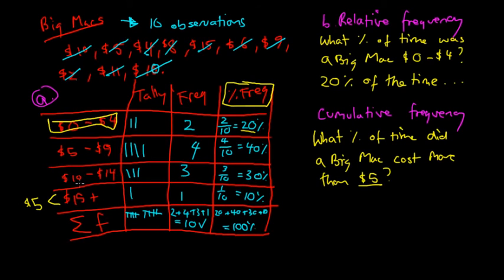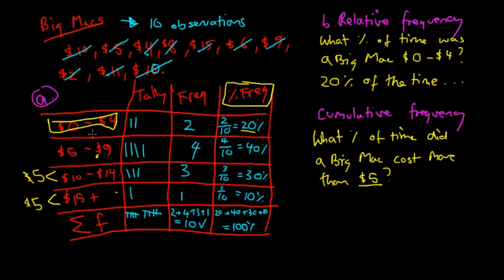Likewise, anything greater than our lower bound for this category, $10, is also greater than $5. So we can say that these two categories will be included in our cumulative frequency. We can also then come down to this category here and say, well, if the lower bound here is $5 and we're concerned with things more than $5, then we'll also include this category.